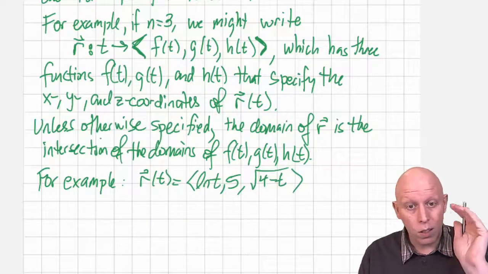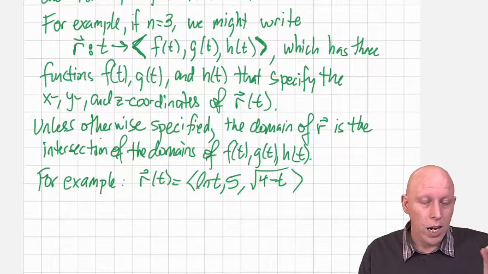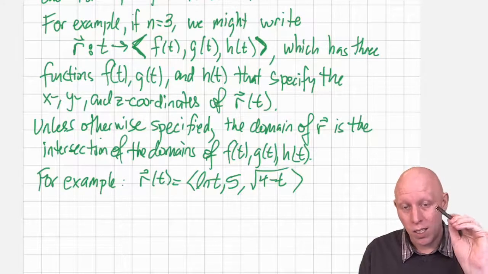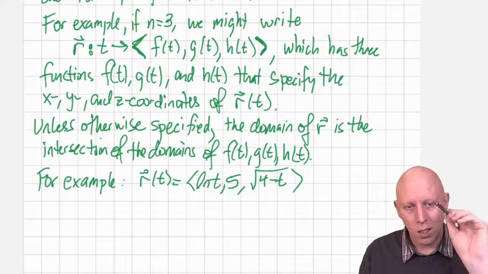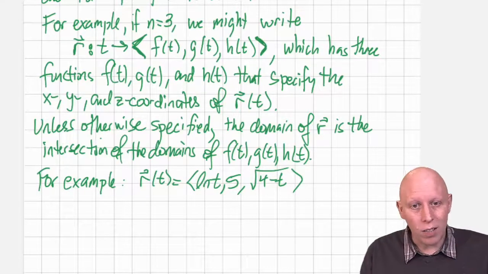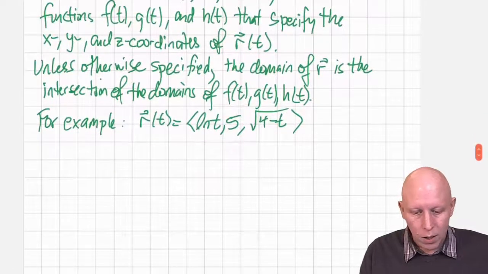This is a vector function. It takes in a number t and outputs a triple, where you plug t into the first piece, the second piece, and the third piece, and you get out a vector with the x, y, and z coordinates specified. So what's the domain of this function?